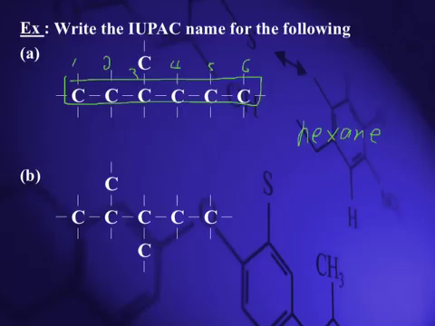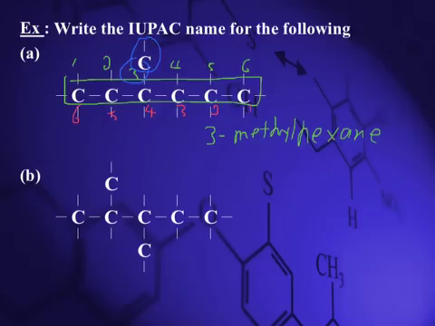Let's try numbering backwards. 1, 2, 3, 4, 5, 6. You'll notice that our 1-carbon methyl branch is located right here, and it is a lower number if we number left to right. So we should call this 3-methylhexane.